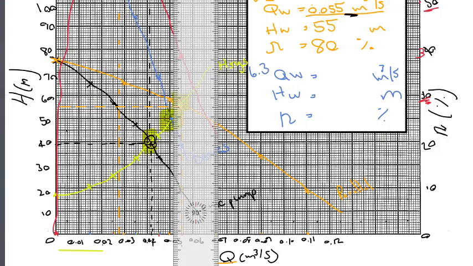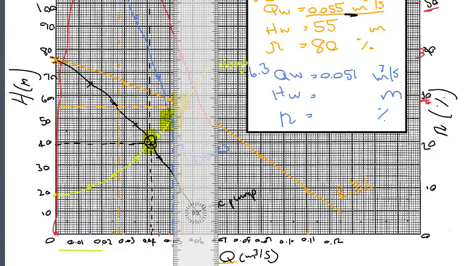So now we can simply see where we end up with our discharge value. Here you can clearly see it's going to end up being 0.05. Look at this value here. It's going to be 0.051.